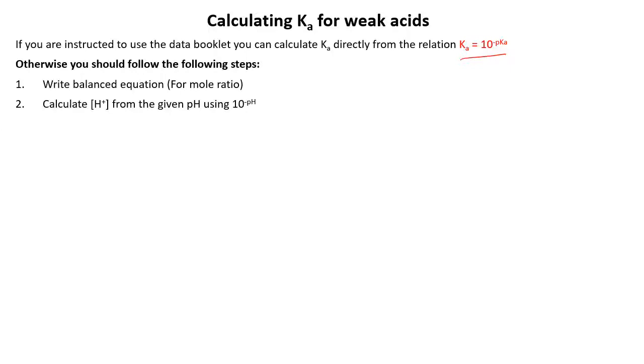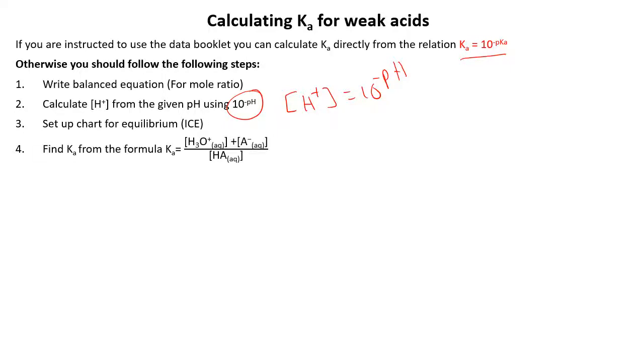In the problem, they will give you the pH, then the concentration of hydrogen ions is equal to 10 to the power negative pH. The third step is to set up a chart for equilibrium, which is initial, change, equilibrium. The fourth is to find Ka from the formula.